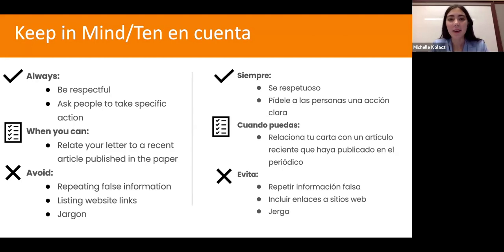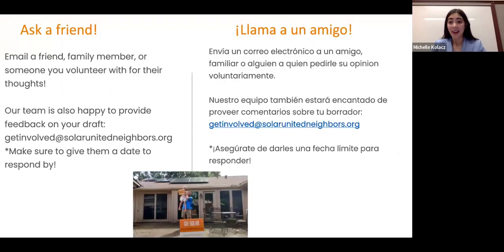We want these articles to be accessible, understandable, approachable, and just assume that somebody reading this might have no idea what you're talking about. So avoid those technical terms, jargon, and abbreviations unless you specify what those are, and really make this something that everyone can read.